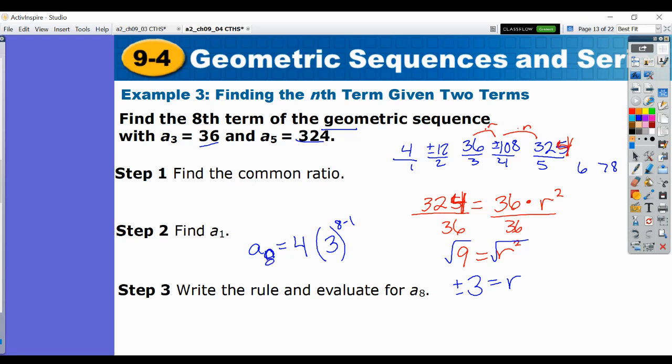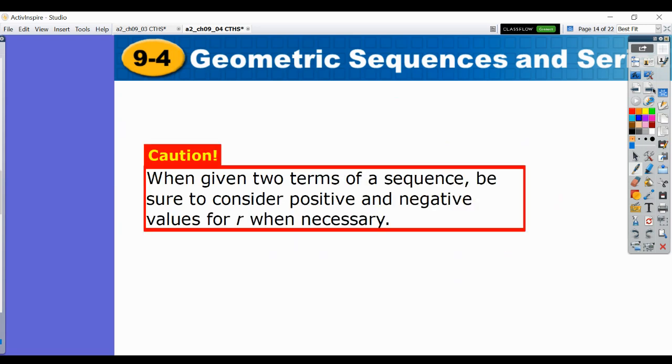So a sub 8 would be 4 times 3 to the 7th, which is a huge number, 8,748. And remember, it could be plus or minus. I'm not sure. Ask me for an odd one, it would definitely be positive. So here's just a little warning: be careful.